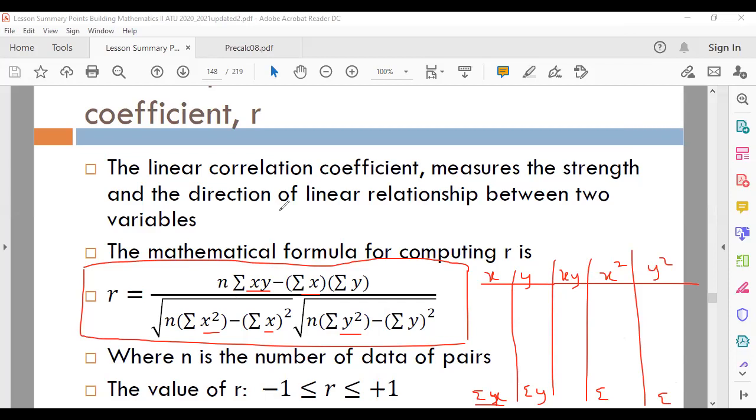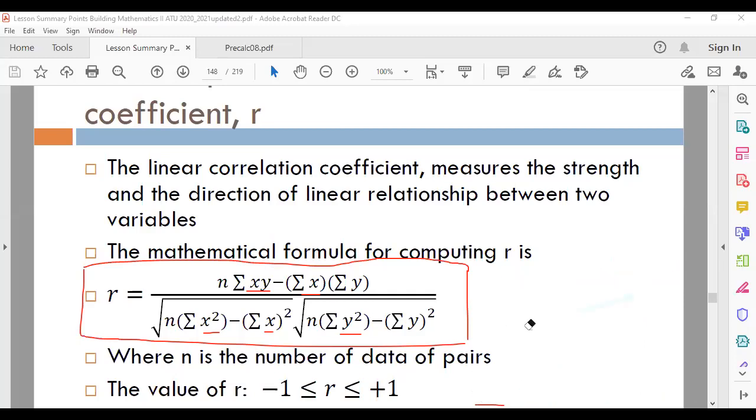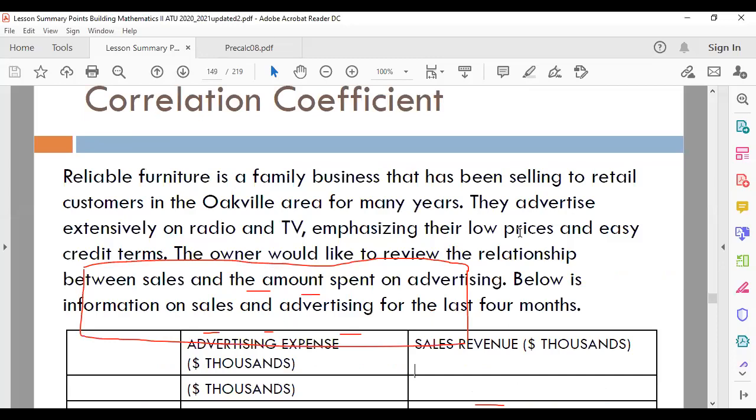Good. Now, let's spare the theories. I just want us to go straight to the example so that we can do some interpretation. In our first example here, we have this data set.